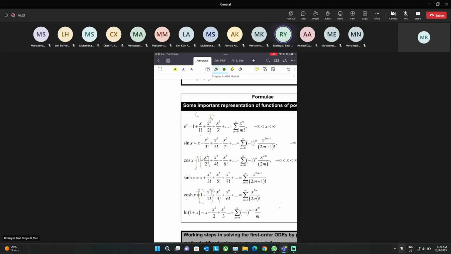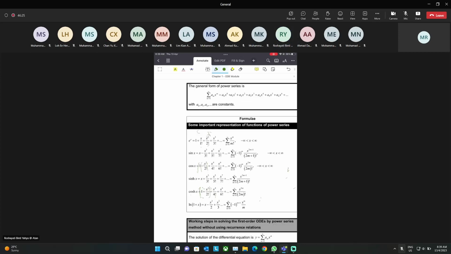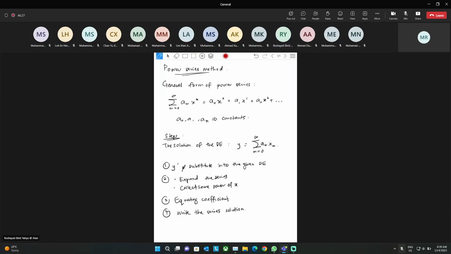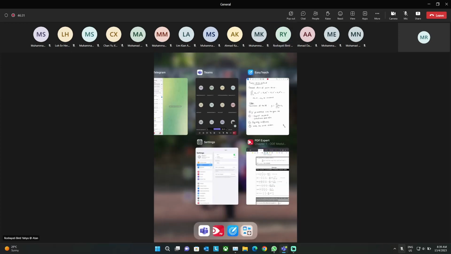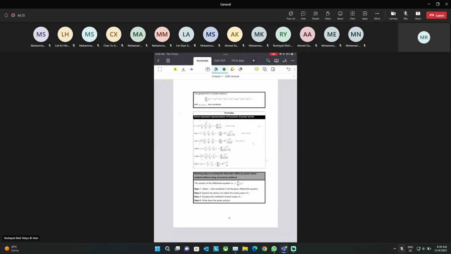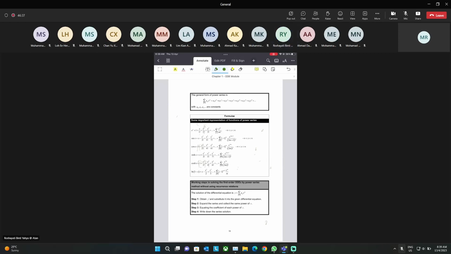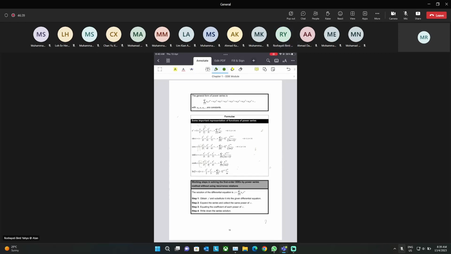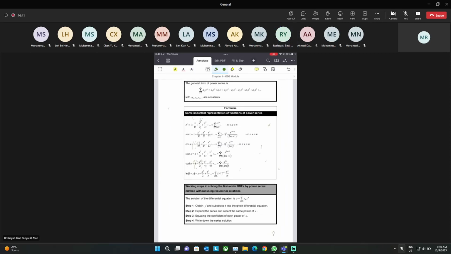Pen saya ni saya tak boleh menulis, saya tak tahu kenapa. Sekejap. Let me try. Macam ni okey tak? Yang ni okey. Okay, for this part lah. Right? I cannot ni lah.